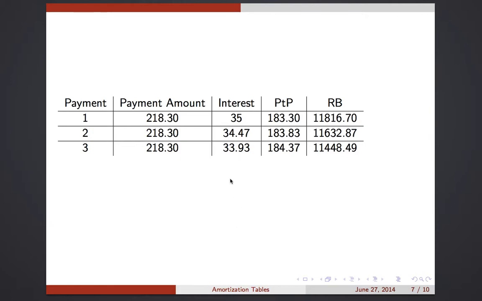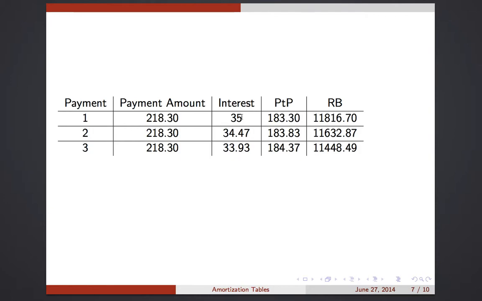The second thing to note is that the amount of interest that you pay out of each check is going down. And it's going down because you owe less and less. Sorry, I said that wrong.